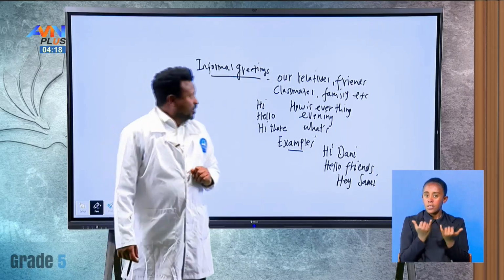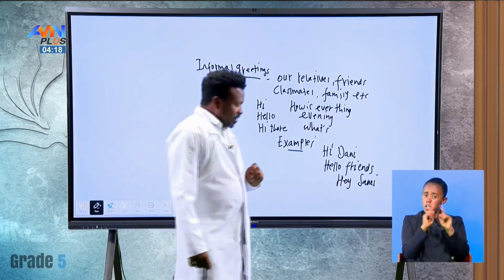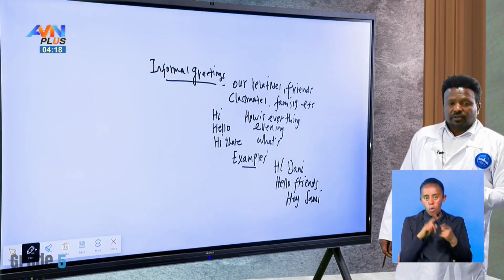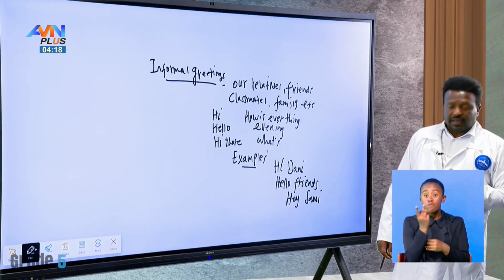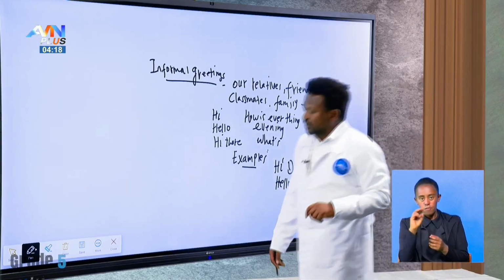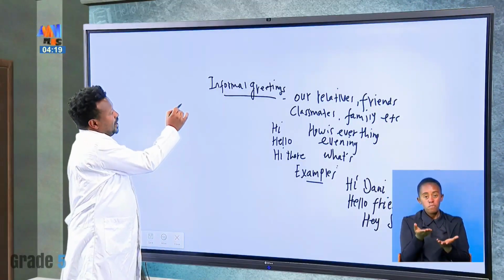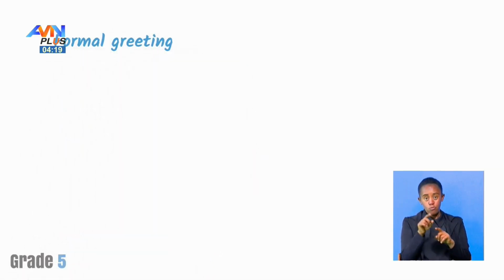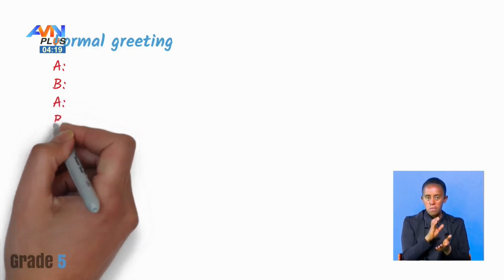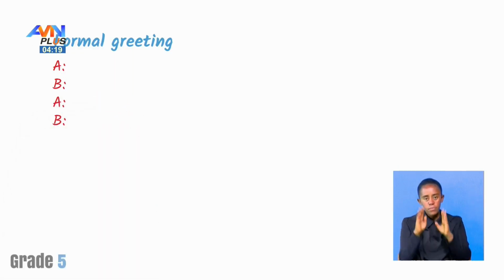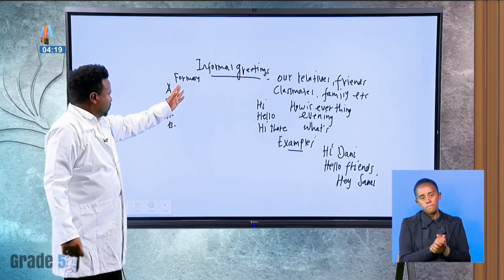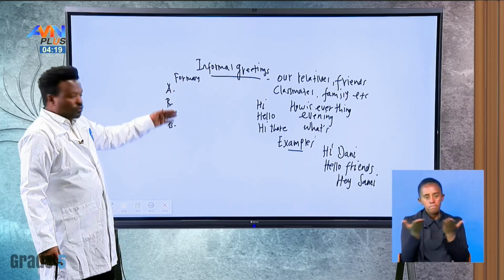So now, based on these different expressions, I'm going to ask you to greet your friends by both formal and informal greetings. What you have to do is assume that one of you is A and one of your colleagues or classmates is B. So based on this, try to greet your friends in the class formally.